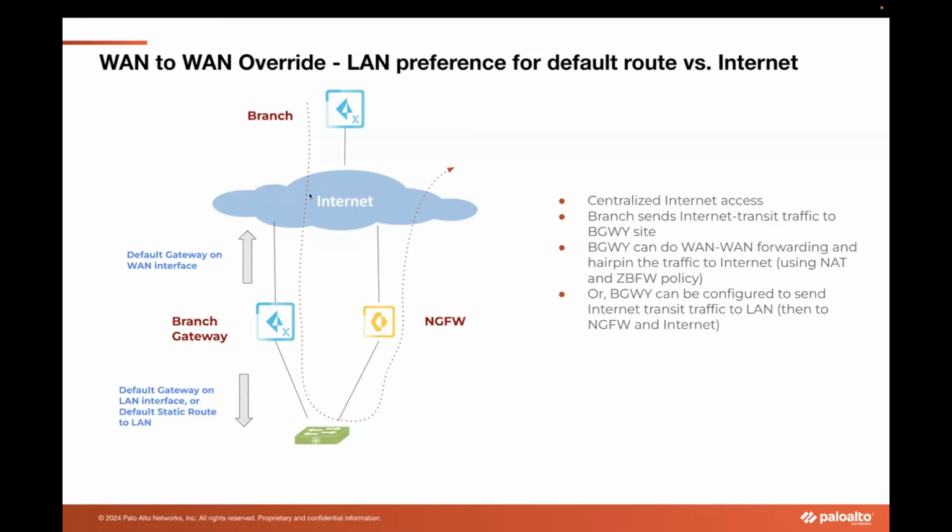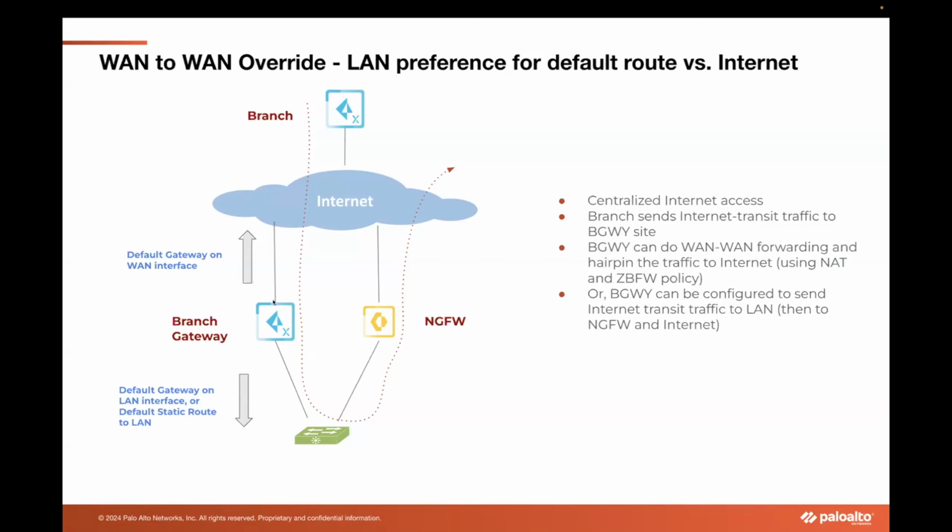One is that the traffic coming in to the branch gateway can be hairpinned and sent back out to the internet by making use of the zone-based firewall functionality and the NAT functionality on the branch gateway. Or alternately, you can bring the traffic in on the VPN onto the branch gateway, send it to the LAN side, and then send it to an NG firewall, maybe because you want the additional NG firewall capabilities, and go to the internet.